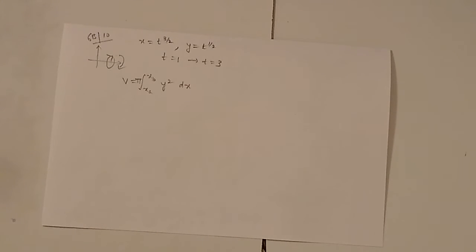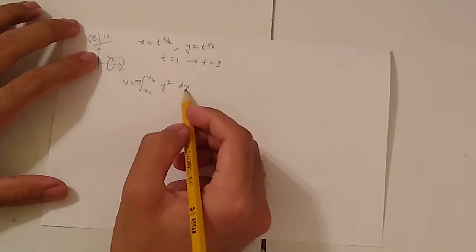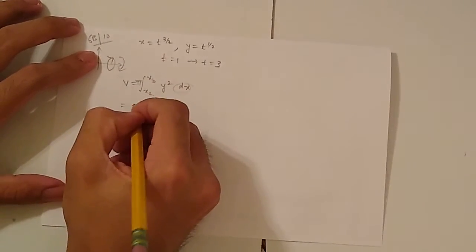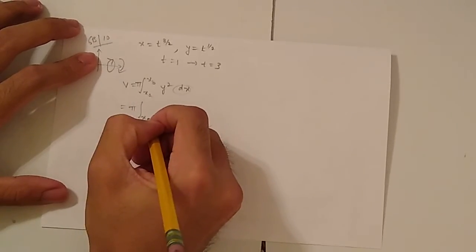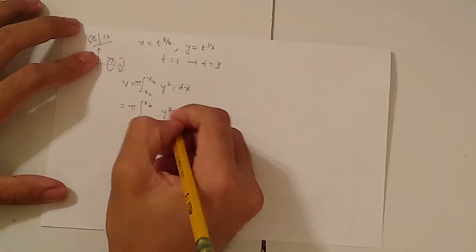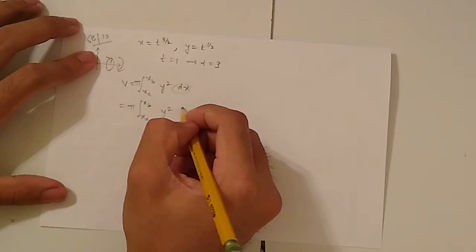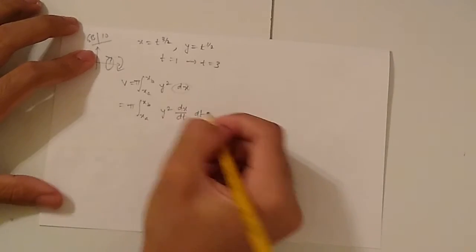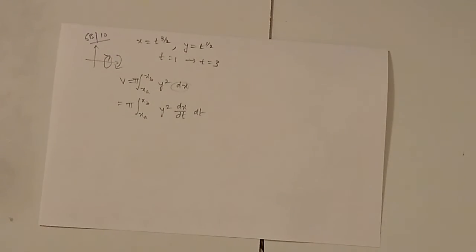Over here we are given the parametric equations and not the direct explicit Cartesian equation. Therefore we will express dx as dx by dt. So this becomes pi into the integral from xa till xb for y squared into dx by dt times dt.